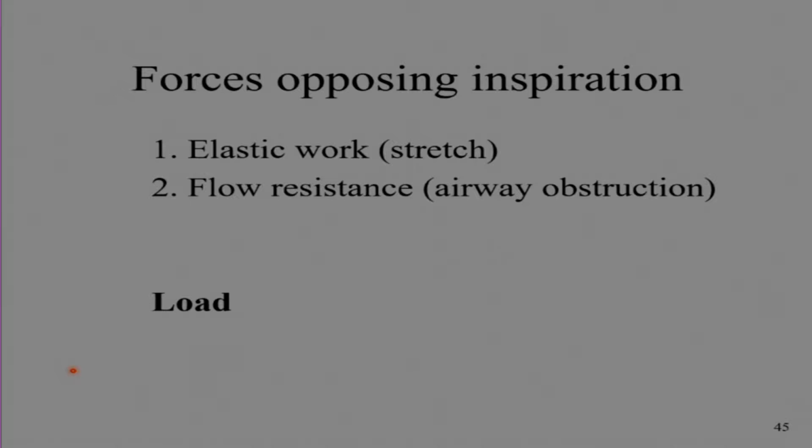One is the elastic work of stretching the lungs, the factors preventing the stretching of the lung. If you have a very heavy lung, either due to consolidation or due to congestion, it is not going to expand. Or a problem in the chest wall is going to cause the same problem as well.